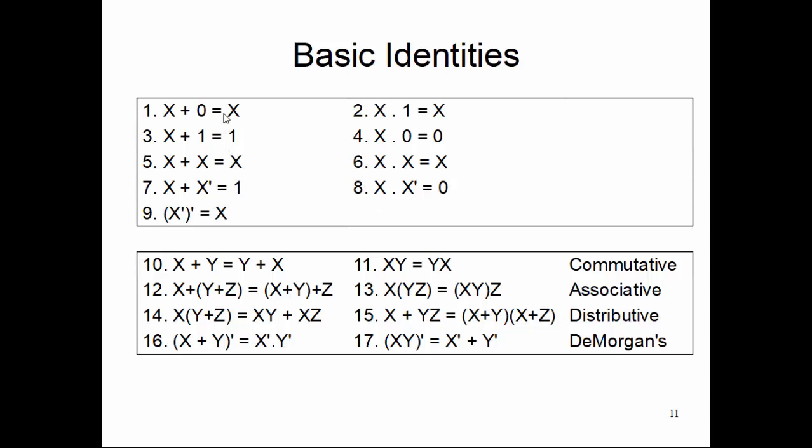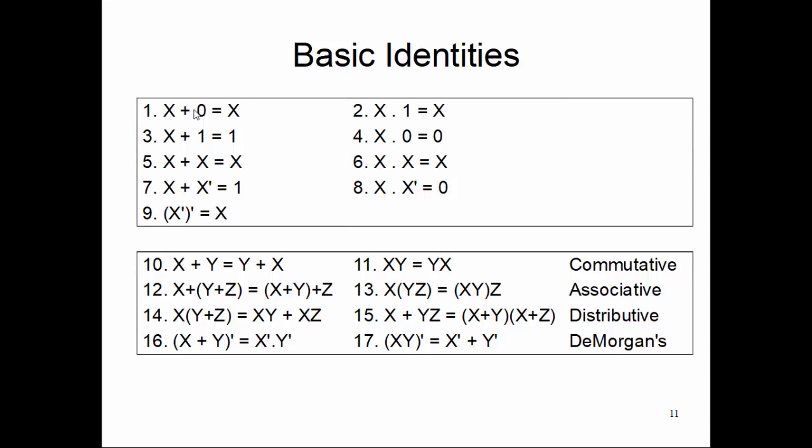Now, why am I mentioning this left hand and right hand column? One thing to notice here is, if you look at this equation, you see that the left hand side of relation number 1 has a dual relationship with relation number 2.